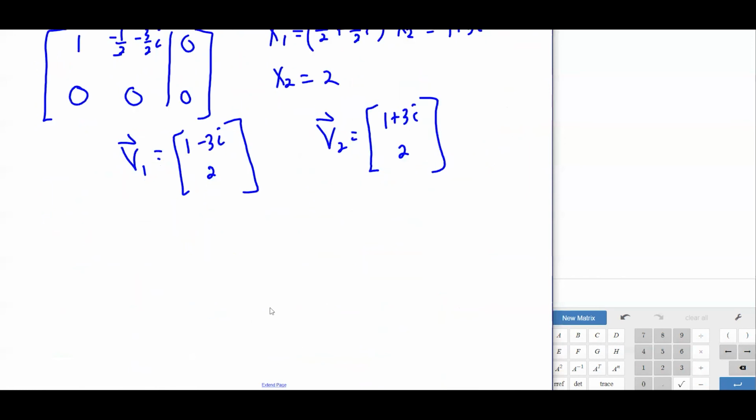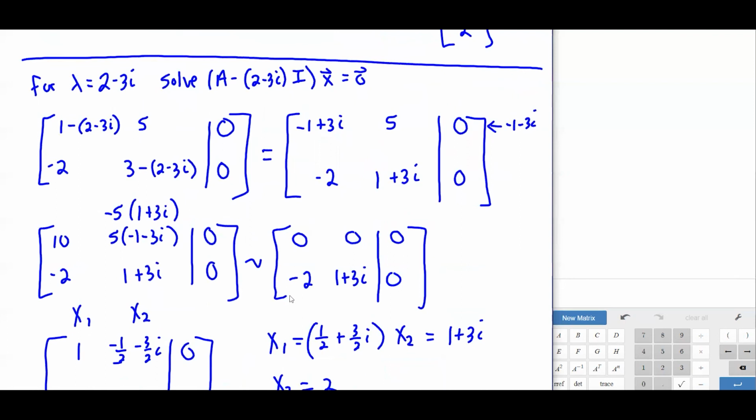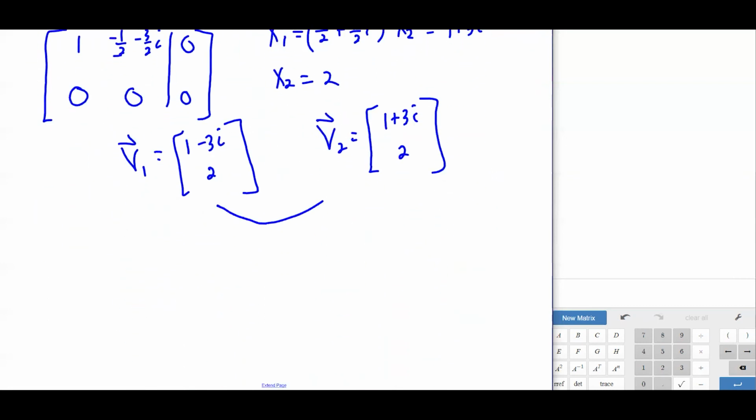And you might be asking, well, does this happen every time? And the good news is yes, it happens every time. So we actually didn't have to do all of this work here. I just did it to show you. But all this work we did for the second eigenvector, you could have just gone from here to here, because from now on, you're going to know that your eigenvectors for conjugate pair eigenvalues will be conjugate pairs as well.